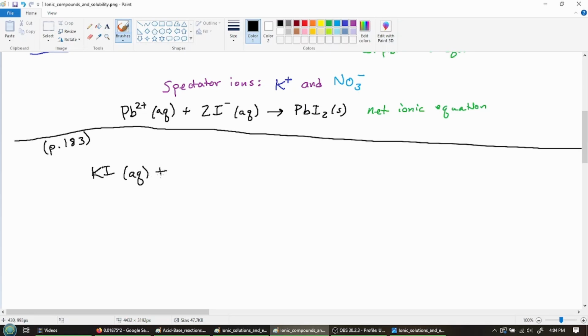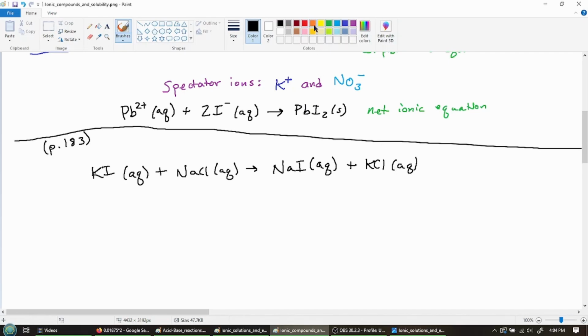So we have KI aqueous plus NaCl aqueous, and let's say that these would swap to form sodium iodide, which if I look at table 5.1, we can figure out would be aqueous, and we can also find out that potassium chloride would be aqueous.